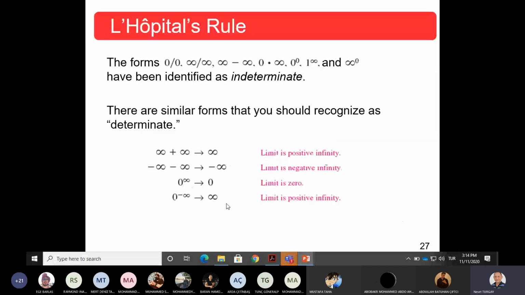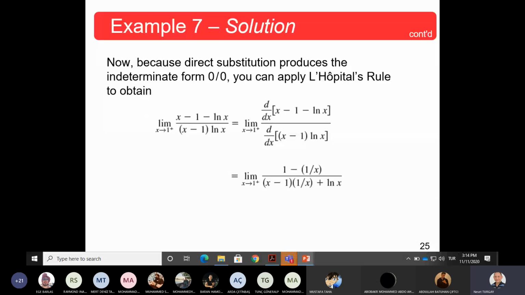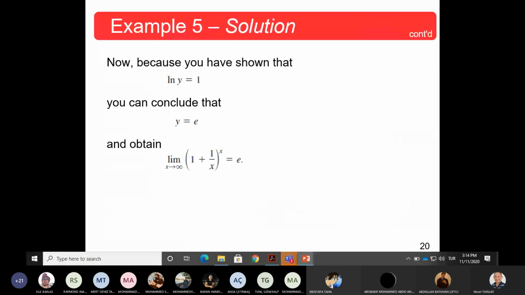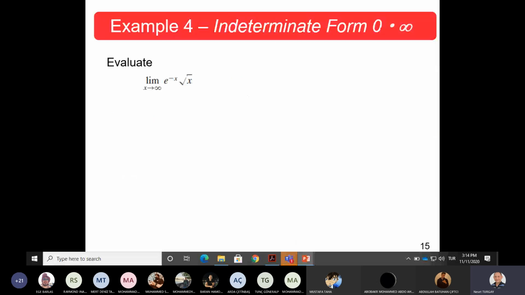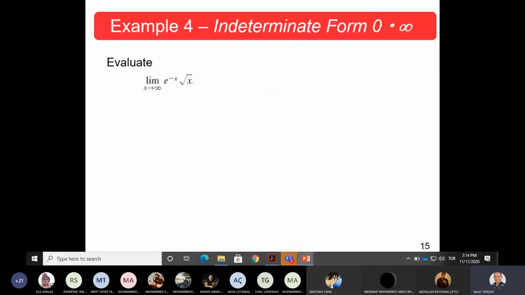So be careful. By the way, when you apply the L'Hopital rule, maybe the answer can result as infinity. Then the answer is infinity. We don't have to find some number all the time. This is another reality.